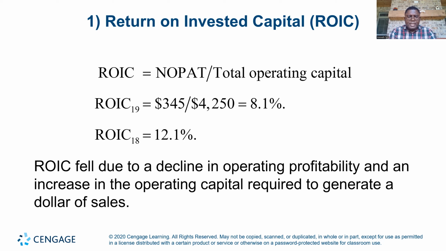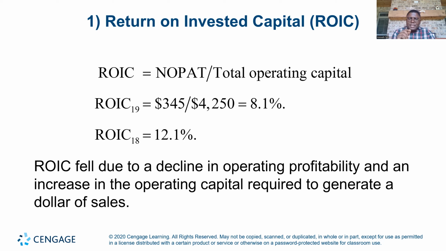So what we find is that this fall in return on invested capital as the company moves from 2018 to 2019 is because of a decline in operating profitability. We saw that operating profitability drops, and it's also a result of an increase in the operating capital required to generate a dollar of sales. We had seen that the capital requirement ratio increased, which means that capital utilization worsened.